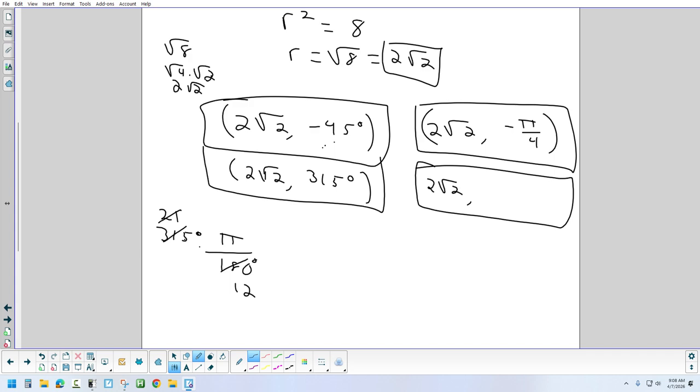So 3 goes into 21 7 times. 3 goes into 12 4 times. So it's 7 pi over 4. And that's the answer we had right here, just changed to radians. Any questions on that one?